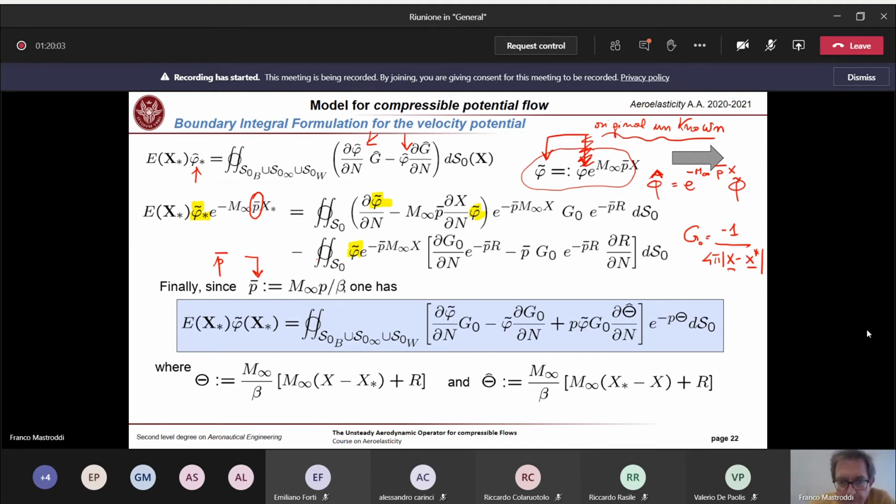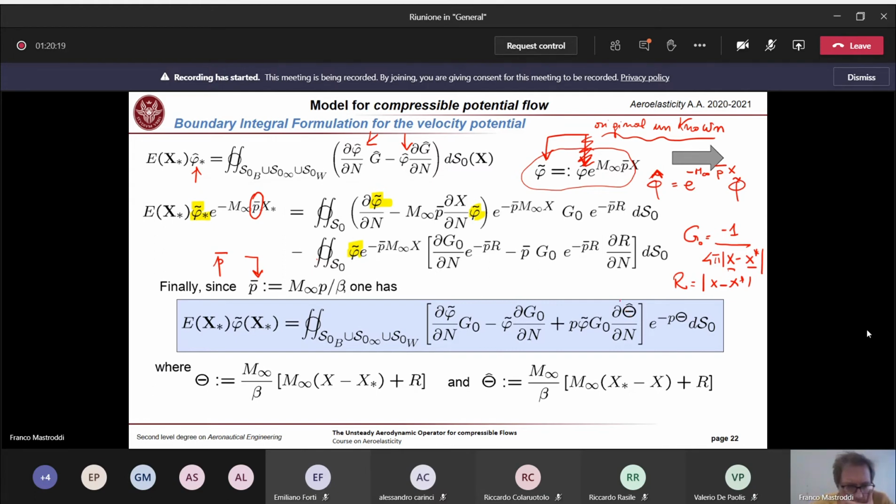And R is the distance between, R is this exactly. P bar is P bar, and so this is our final relationship.